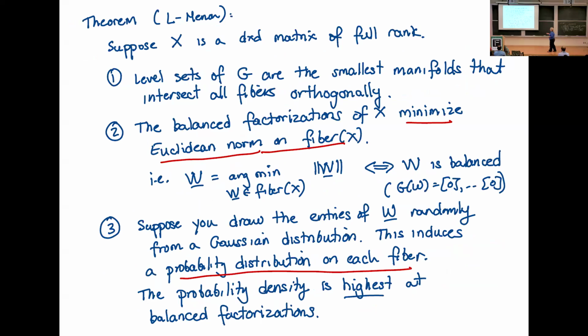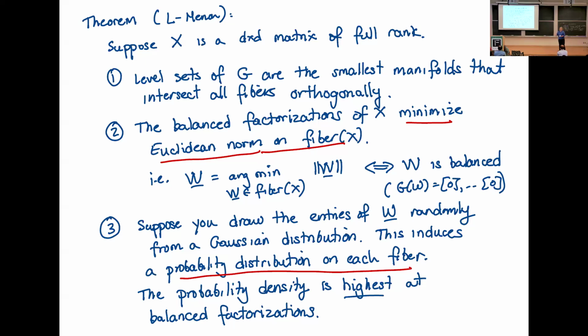So what's special about those? Here's one thing that is special. The fact is that these balanced factorizations of whatever your matrix is are exactly the factorizations that minimize Euclidean norm on the fiber. You have all these different ways of representing your function, different ways of factoring it.